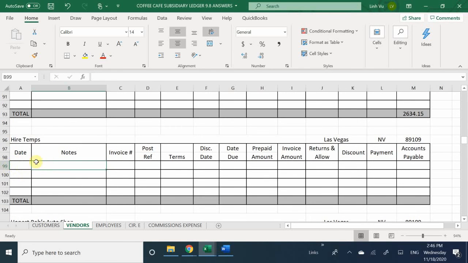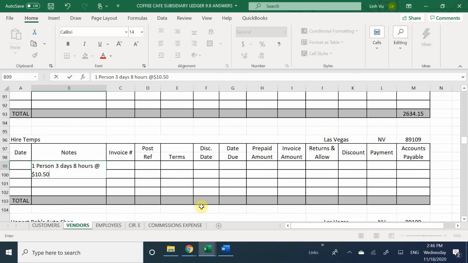I'm not going to place the date yet because I haven't made a payment yet. But I want to make sure that I get this right. So one person, 3 days, 8 hours, at $10.50 per hour.